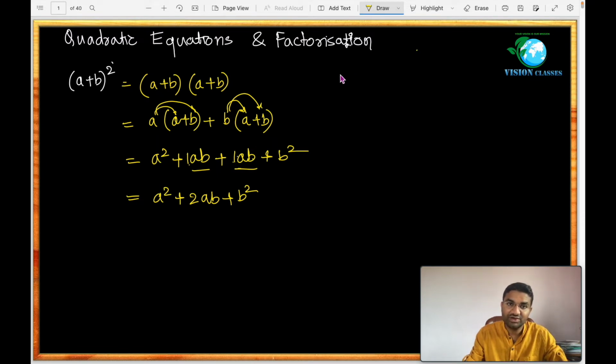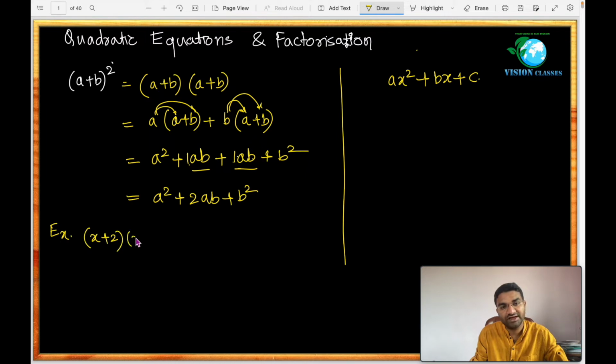Now standard quadratic equations are in the form of ax square plus bx plus c. Example, let's say (x plus 2) and (x plus 3). How to multiply this one? Take x times (x plus 3), then take 2 times (x plus 3), right?